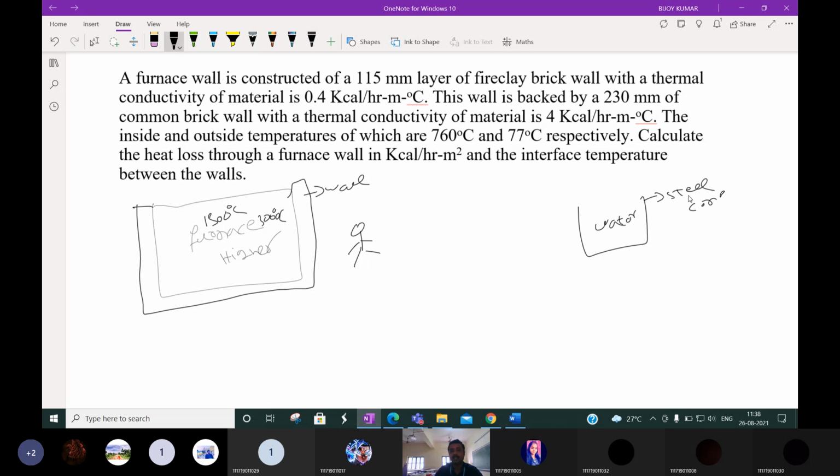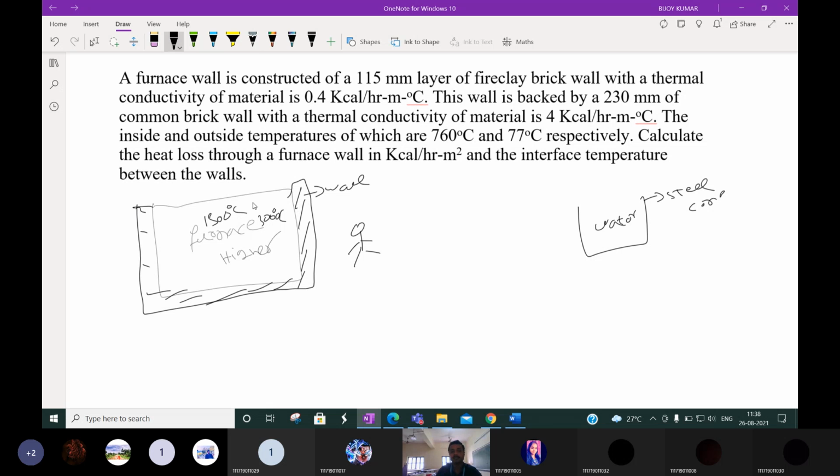Similarly, furnaces are generally used in ore processing, metal extraction, iron ore and steel industries, and the glass industry, to heat things at high temperature to extract a specific metal. Those things are not important. Just remember that the temperature inside the furnace is generally high, and the furnace is made up of a certain wall.